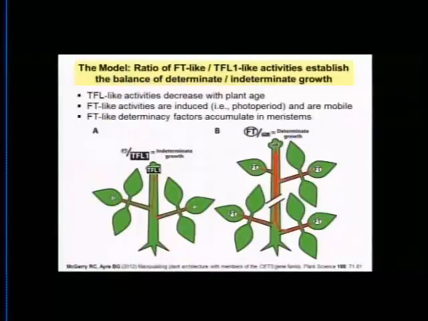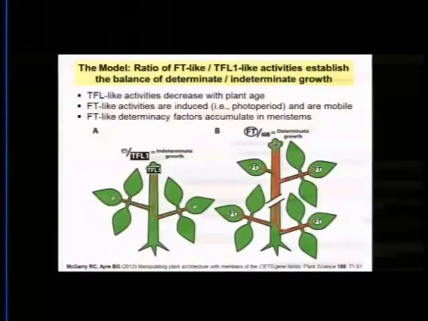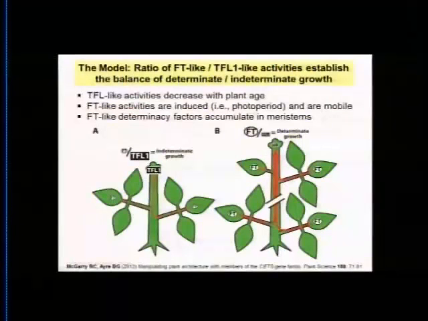Meanwhile, flowering locus T is naturally expressed in the leaves. It might be turned on and off by environmental signals, or it might be expressed at all times. But in a very young or uninduced plant, you have very little FT expression but lots of terminal flower expression, so you have vegetative growth.